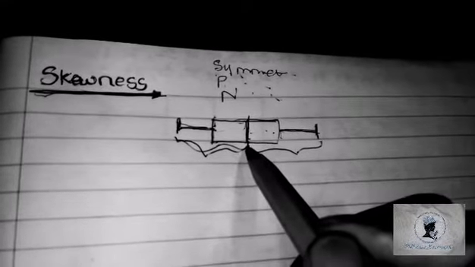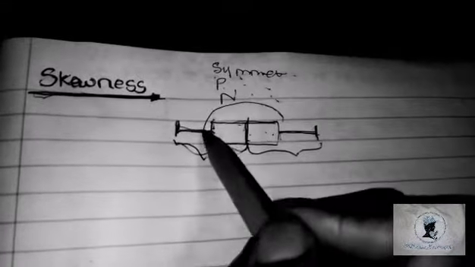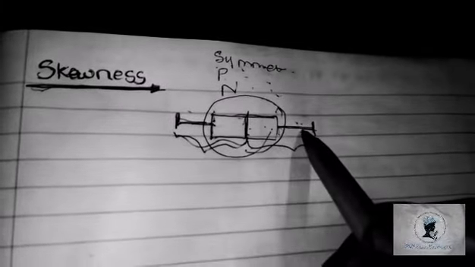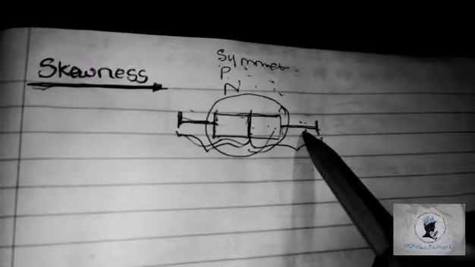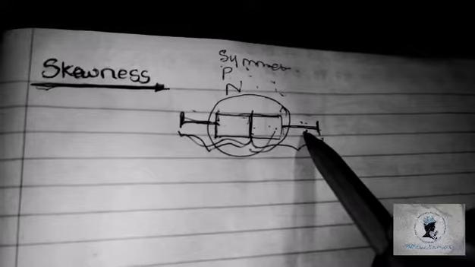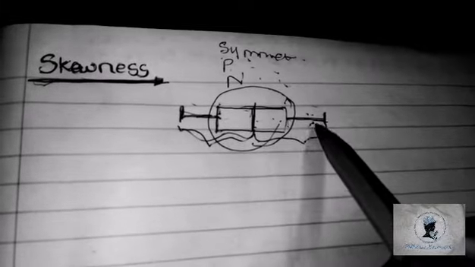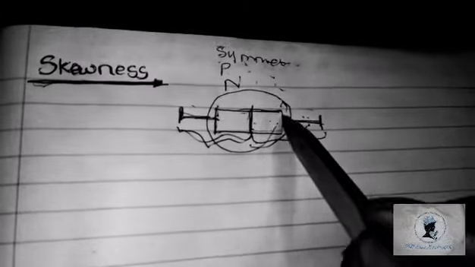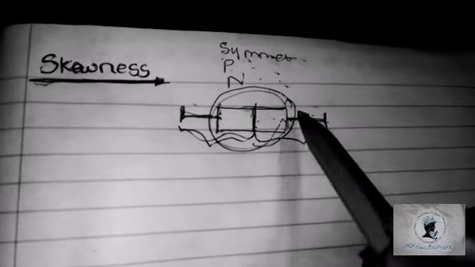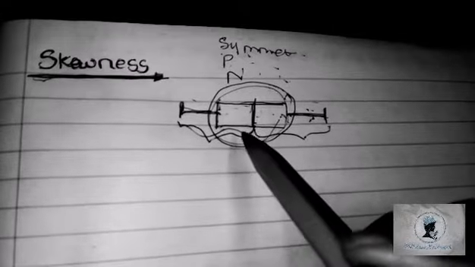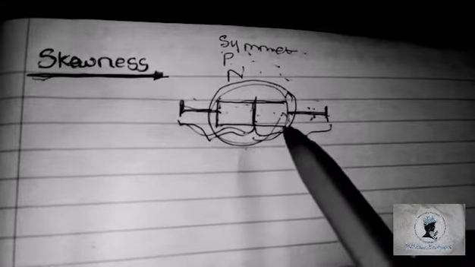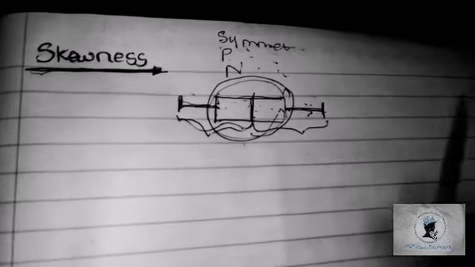If you get that the box is symmetrical but the whiskers are not, it does not meet the condition that your data is symmetrical. Both the box and whiskers on either side of the median should be equal for you to conclude that your data is symmetrical.